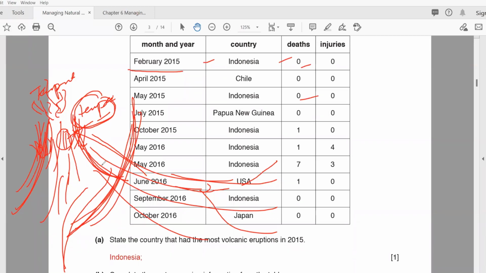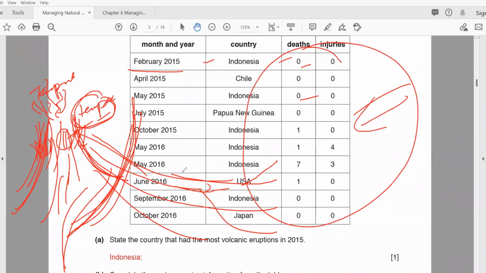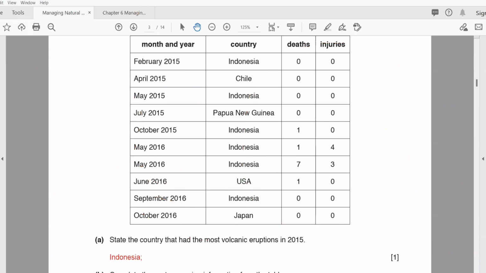Due to the technology and resources we have now, especially in the most economically developed countries, the death ratio becomes less. And if volcanic activity is going to happen, they already evacuate the area and get the people out. Did you get it, both of you? Yes. So this is the reason why the injuries can be less. Yes, Amina, got it?